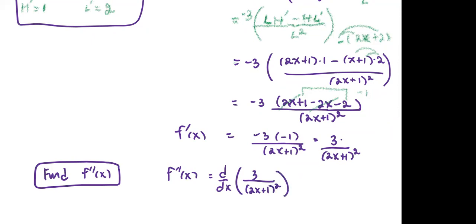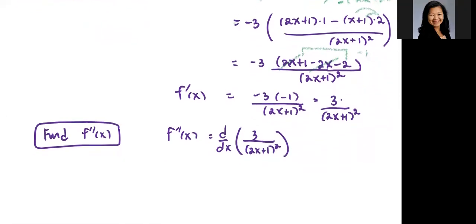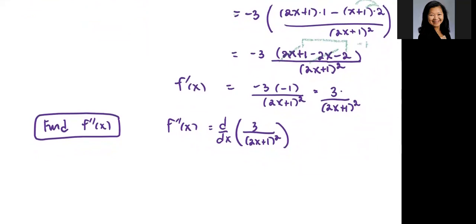When you have this one, you can use the quotient rule, as it looks like the quotient form, or you can see this as, I'm gonna write in a different color, 3 as a constant multiple multiplied by 2x plus 1 to the power negative 2. You see what I did? I just changed from positive power to the negative power, in the reciprocal form. Why would I do this?